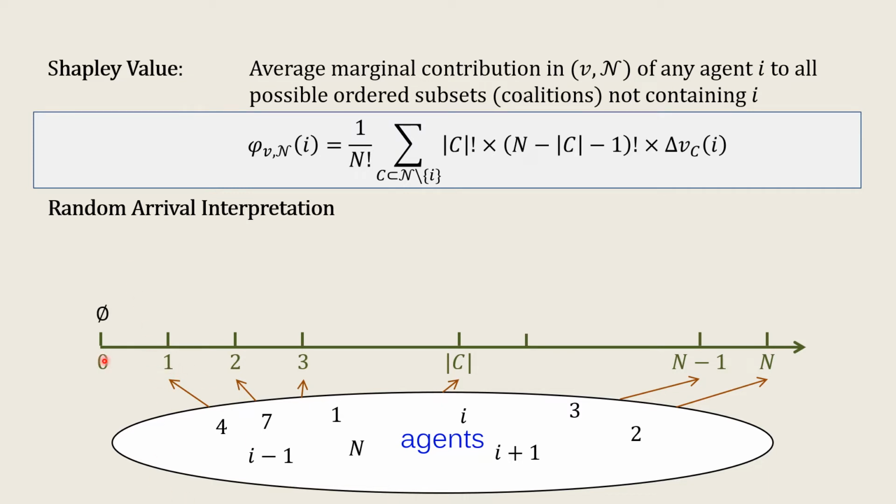At time instance 0, we begin with the null coalition. And at every time instance, a new agent is drawn from this agent pool at random, removed from the agent pool, and then allowed to join the coalition.